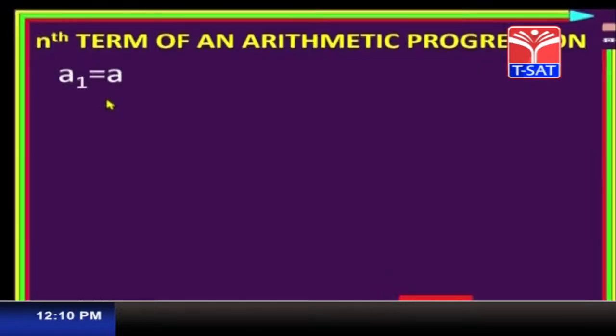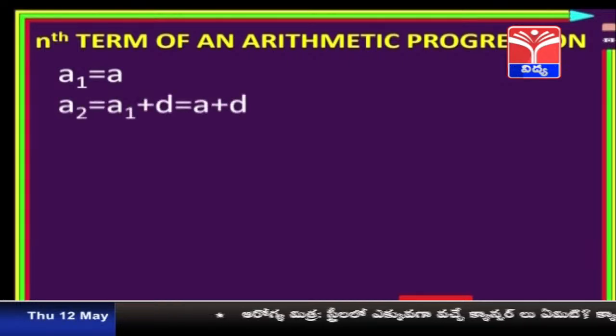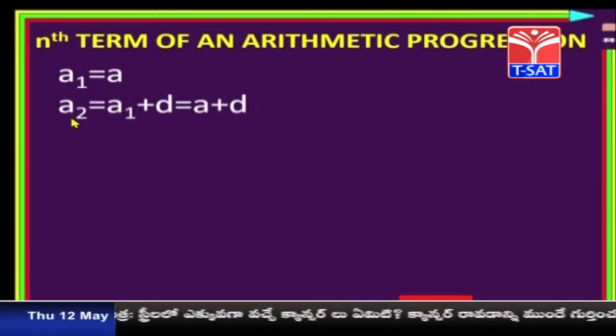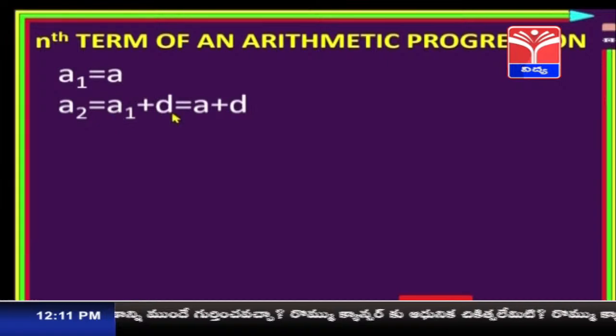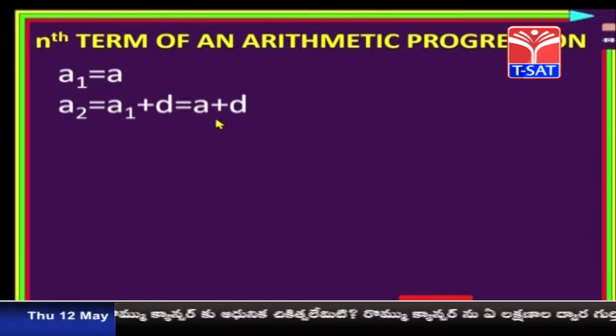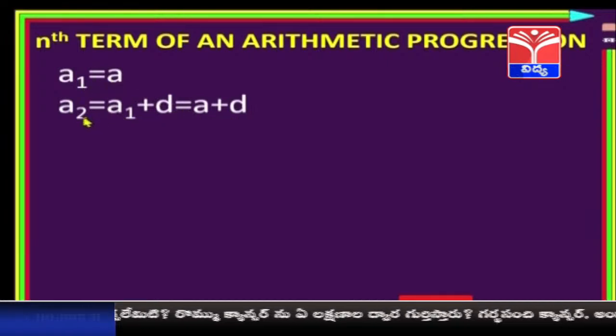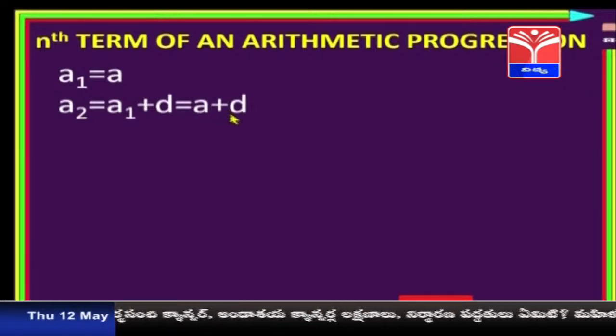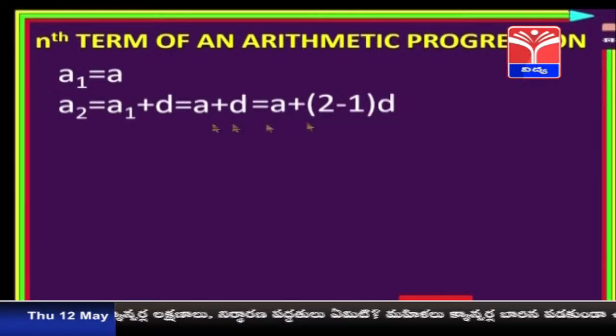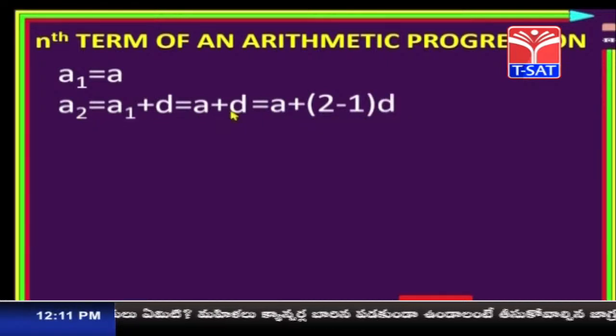That is A1, which is denoted with A. We have to add a fixed number, the common difference, that is D. Adding D, I will get the second term, A2, which is A1 plus D. A1 is nothing but A, so A2 is A plus D. Here we have 2, and the coefficient of D is 1. So, that can be written as A plus (2 minus 1) into D, because it was reduced by 1 unit.